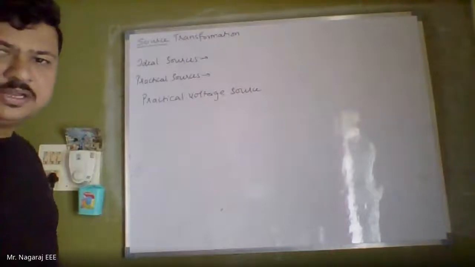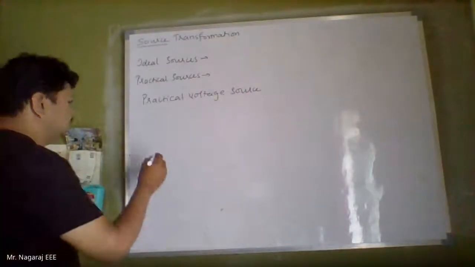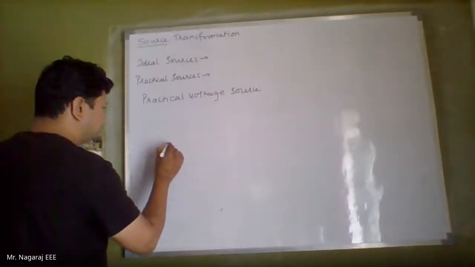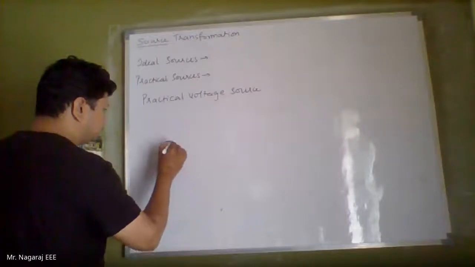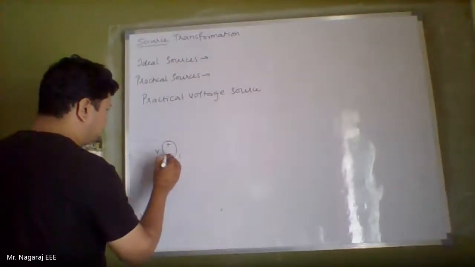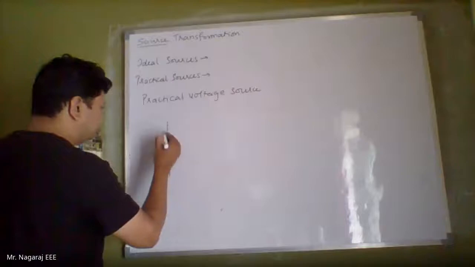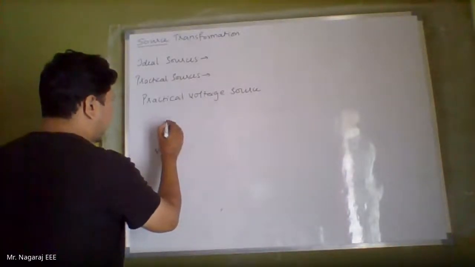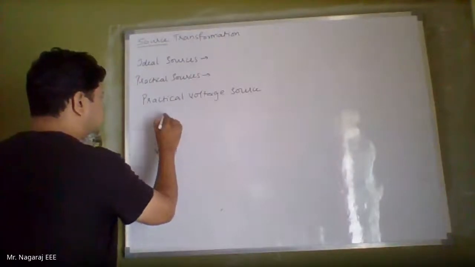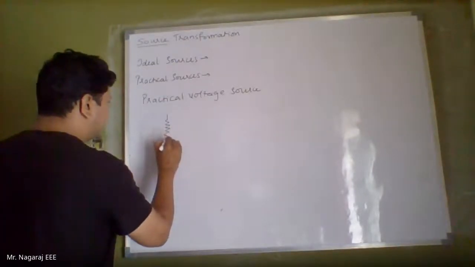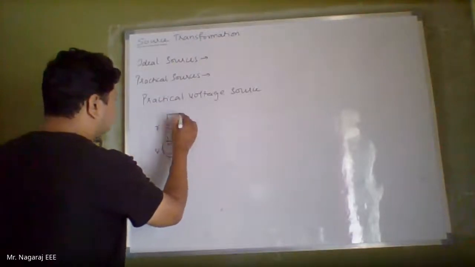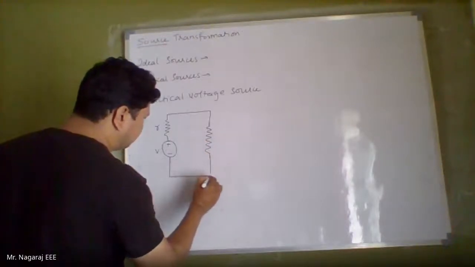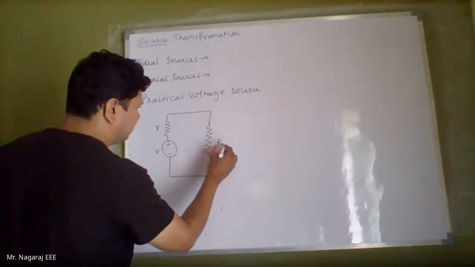This practical voltage source will have a source value, let this be V, and it has some internal resistance, let this be small r, and is connected to a load resistance RL.